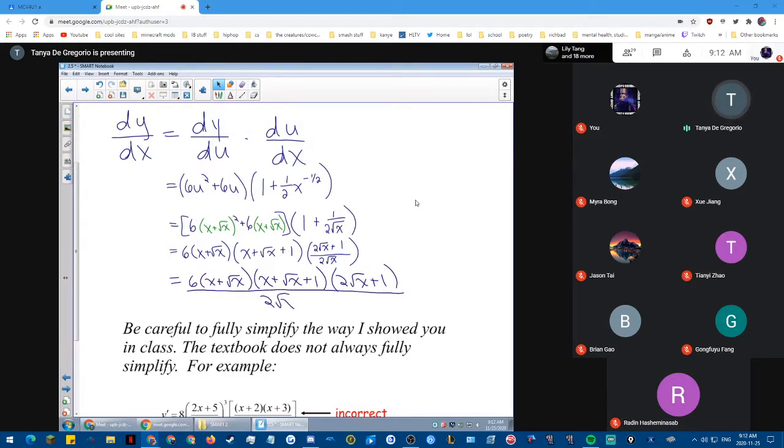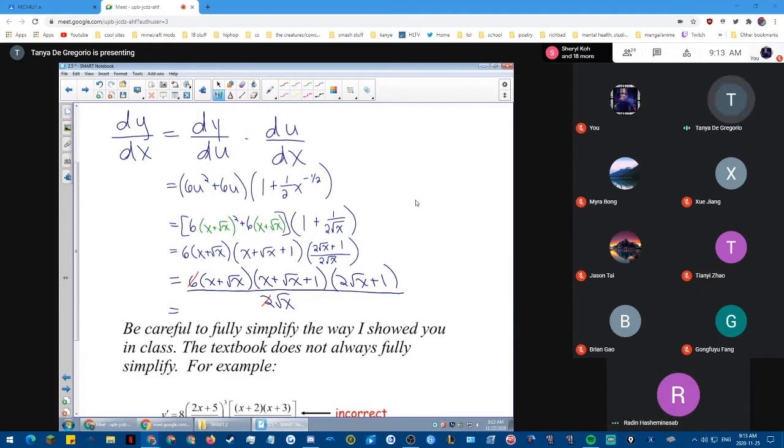I can do that. And now, what do you notice happens? Nothing? You can simplify the 6 and the 2. So, you can simplify here. And you can shrink it.